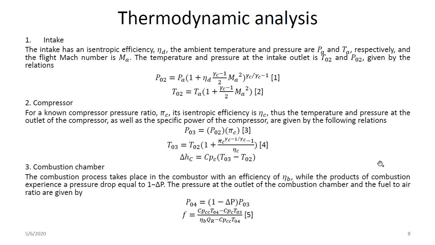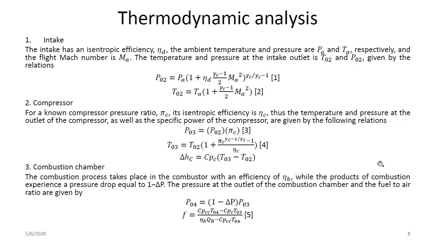Right? And now, if we look at the thermodynamic analysis of the intake, where you've got the intake efficiency or isentropic efficiency of the diffuser or inlet, then the ambient temperature and pressure are PA and TA.